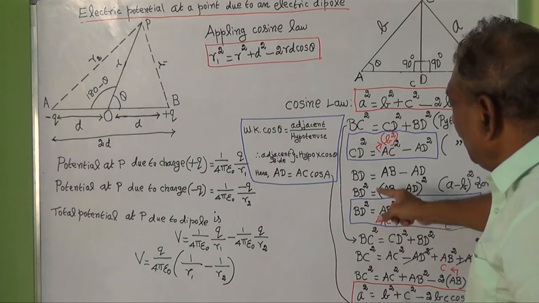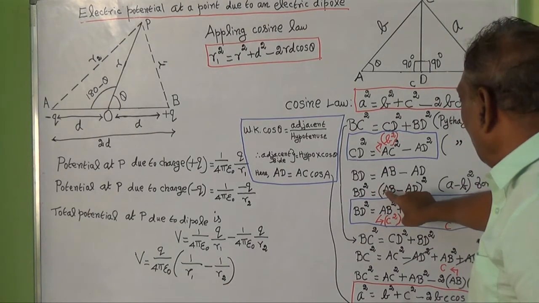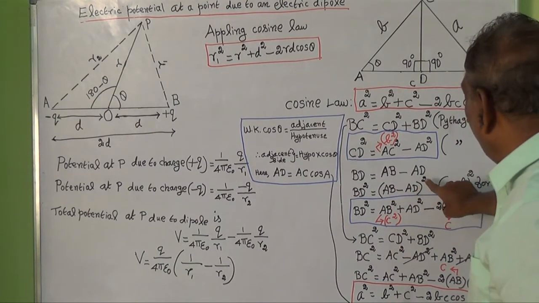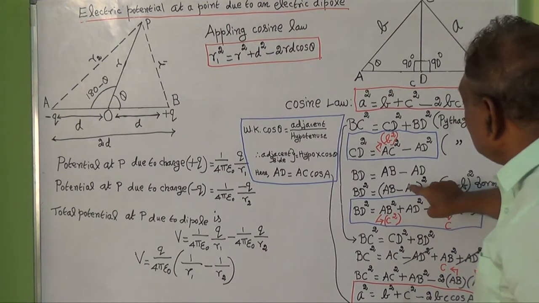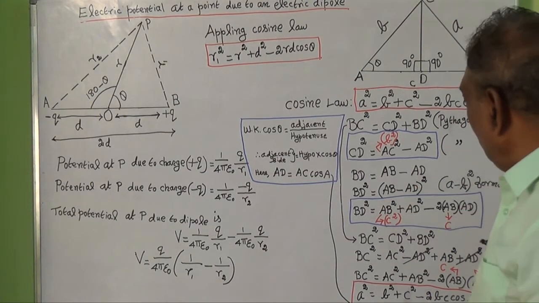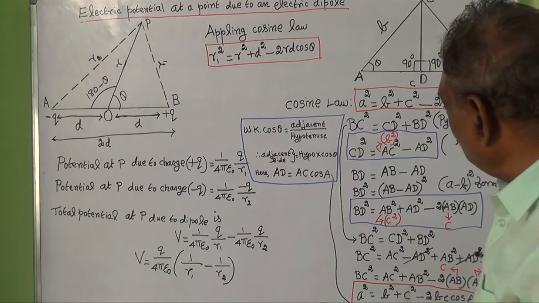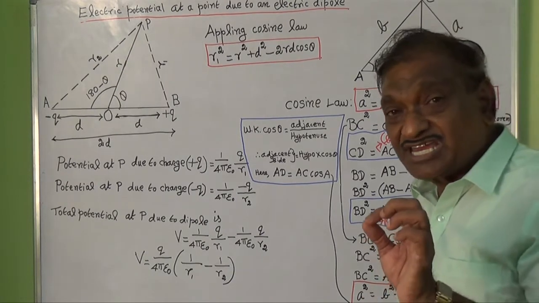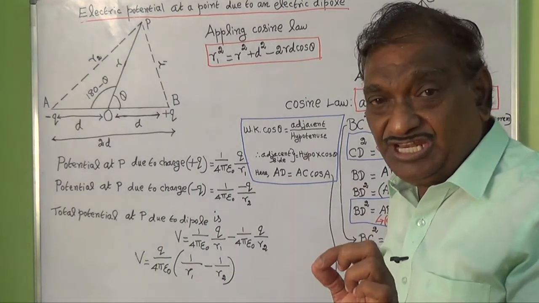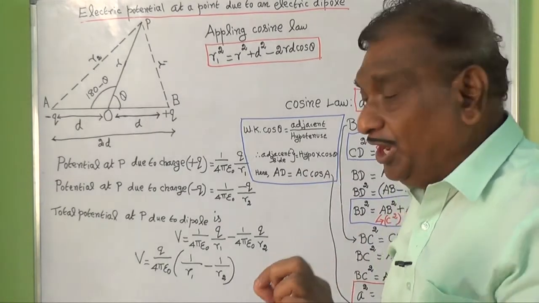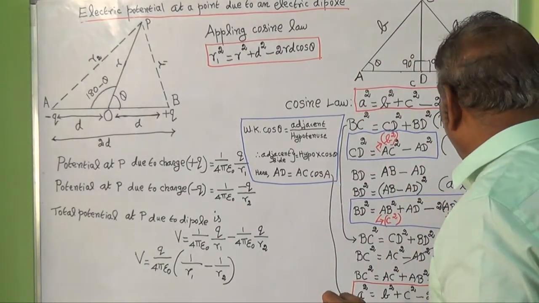Then BD square equal to AB minus AD the whole square. On seeing this expression, we understand that it is in the form of A minus B the whole square.